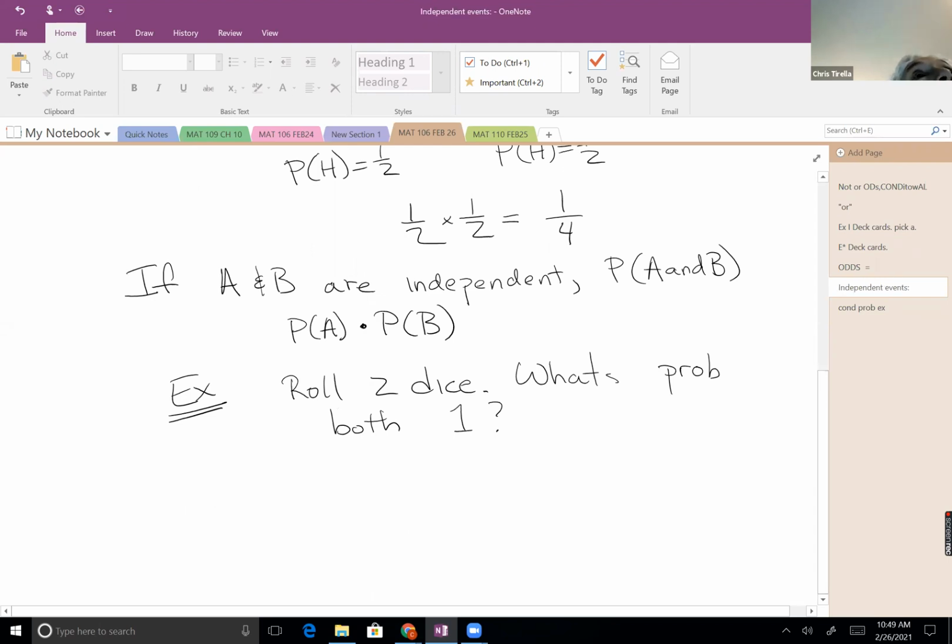Well, what side ends up face up on the first die has absolutely nothing to do with what happens on the second die. So that would be the probability of getting a 1 on the first one and a 1 on the second one. So that would be 1/6. The word and tells me to multiply. And that gives me 1 out of the 36 possible outcomes.